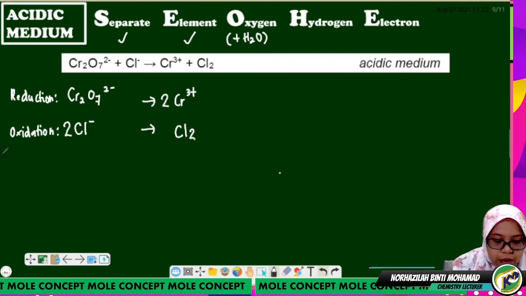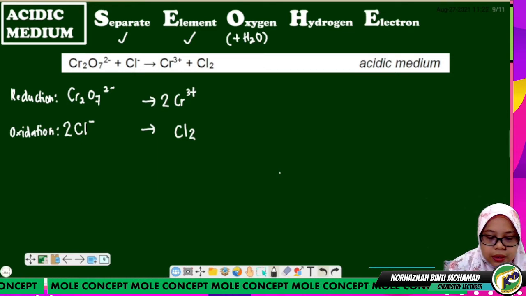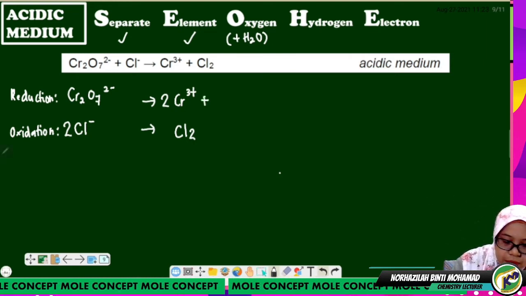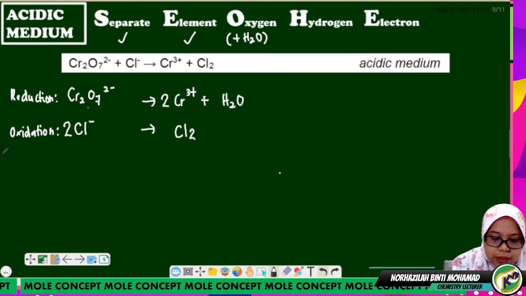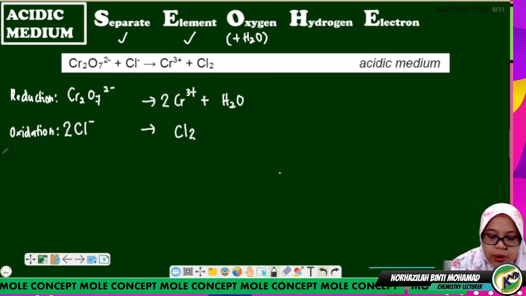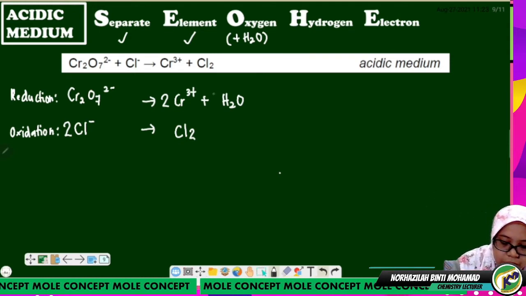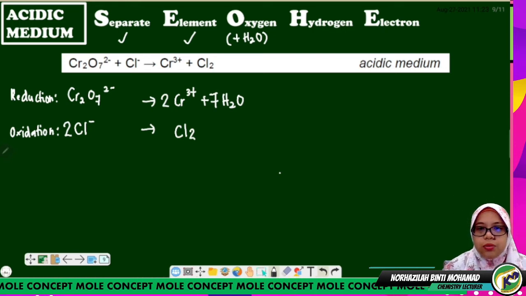Right now, on the left side we have 7 oxygen, but on the right side there is no oxygen. So to balance the oxygen, we need to add H2O. Since we have 7 oxygen, we need 7 oxygen on the other side. One H2O only has 1 oxygen, so how many H2O do we need to put? 7 H2O.